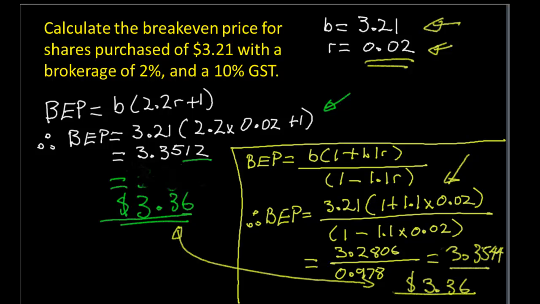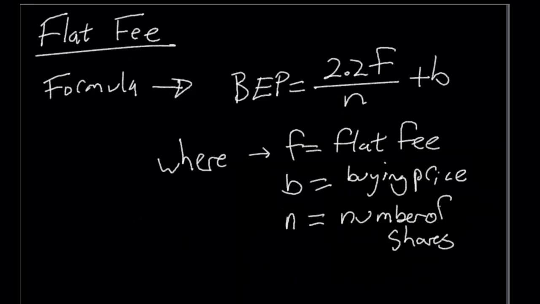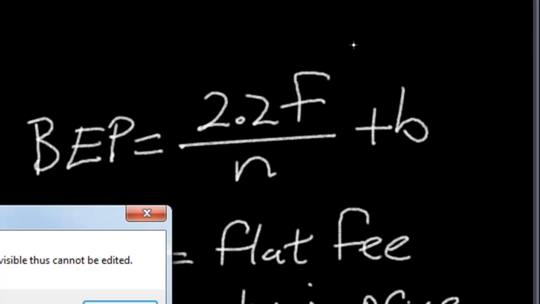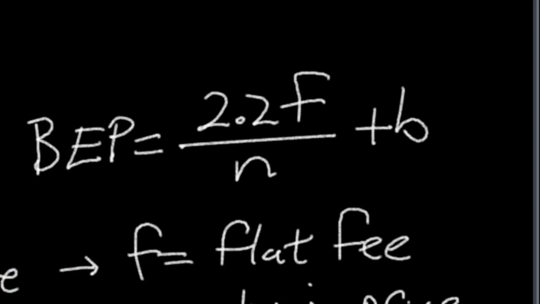But there are times though when you get a question that's got a flat fee. So what does that look like? So the flat fee formula is slightly different, because really all you're doing is taking in that fee. You don't have to worry about the brokerage, all that kind of stuff. It's just a flat fee. So the way it works is we've got a formula that goes BEP equals 2.2F divided by N add B. Now the difference is here you've got an F, and you've got an N, and that's a slightly different kind of thing.